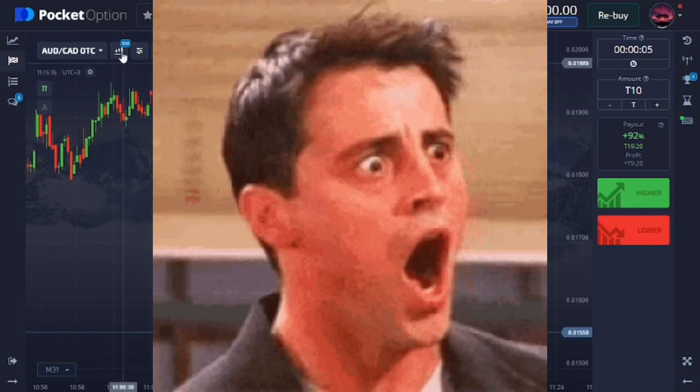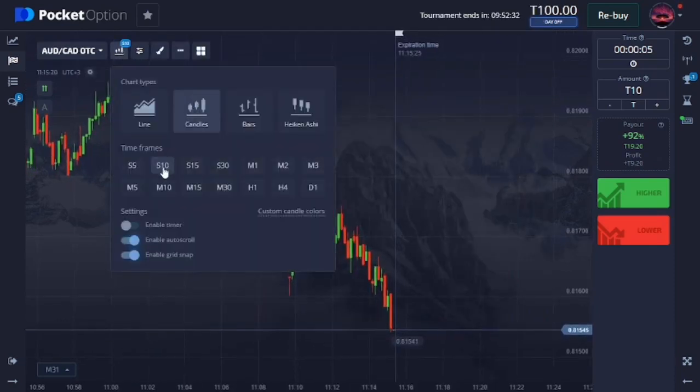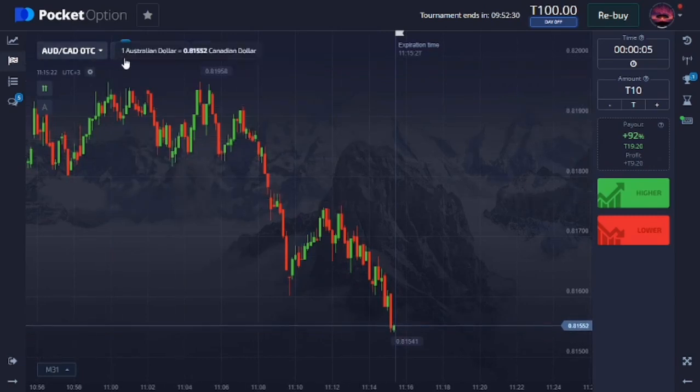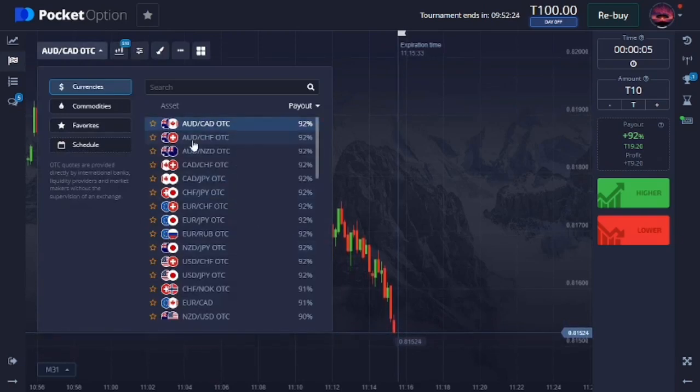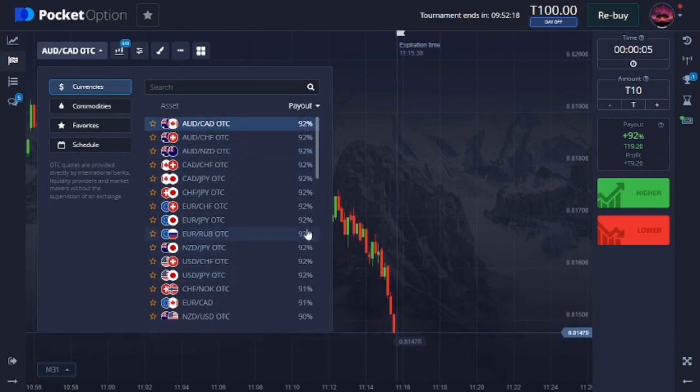So firstly, you have to put your time frame into the 10 seconds, okay, because we want it to be fast. And next, just select the currency you want to trade. Okay, so these are the currencies that are preferable because they pay out a lot.